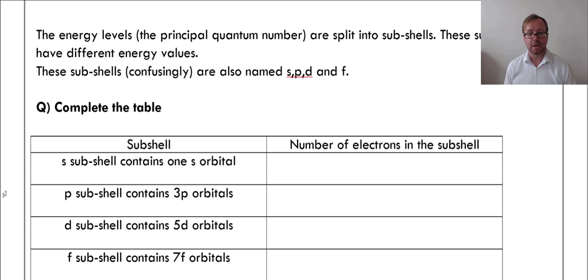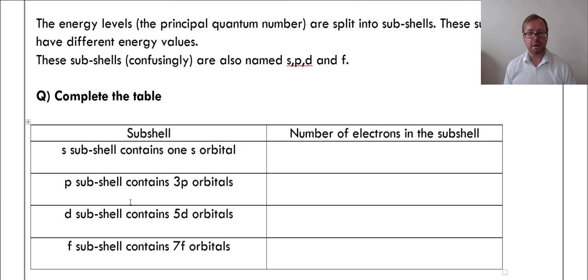Okay, so completing the table. I want you to have a go at completing this table from the knowledge that you should now know from previously up on the first and second page. Okay. Alright, let's see if you got the correct answer. So, an S subshell contains one s orbital. We know that one orbital can hold a maximum of 2 electrons. The number of electrons in the subshell must be 2.